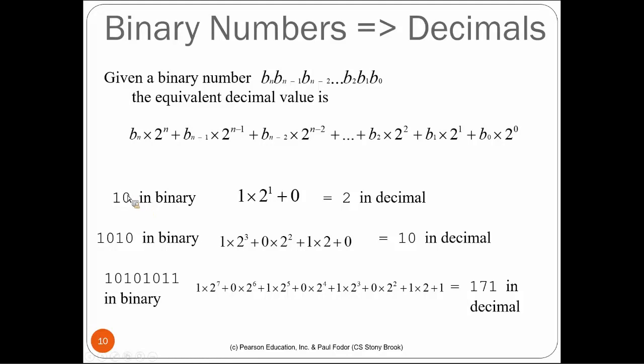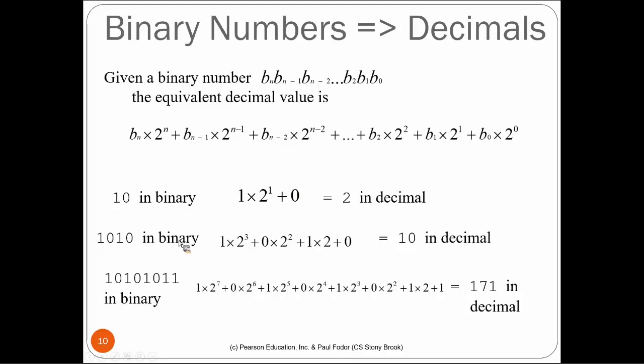So for instance, if anyone gives you the number 10 in binary, that number corresponds to 1 multiplied with 2 to the power 1 plus 0 multiplied with 2 to the power 0. But 0 multiplied with anything is 0. So in this case, this will be equal to 2 in decimal. So 10 in binary is 2 in decimal.